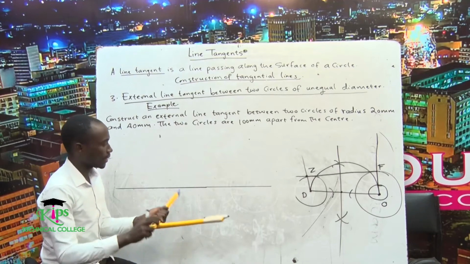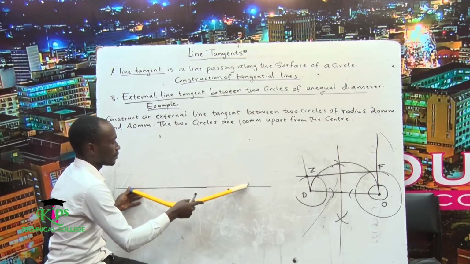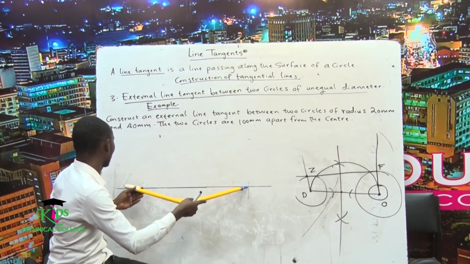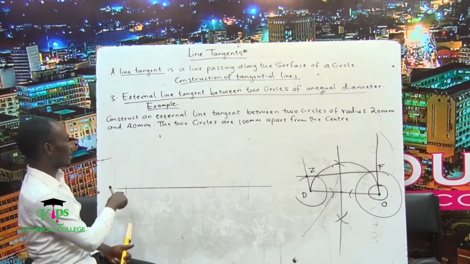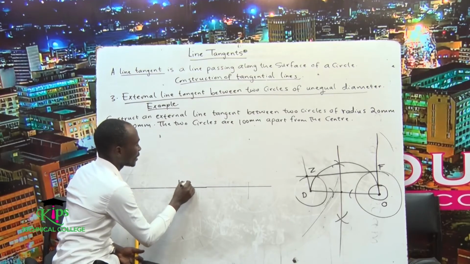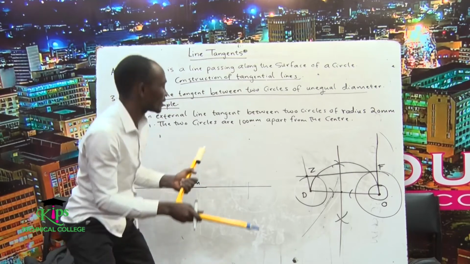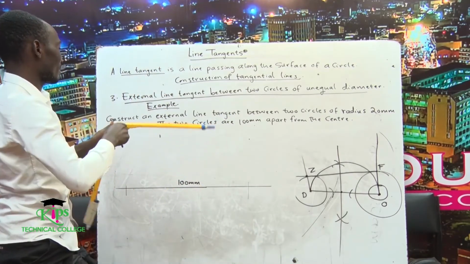So let me assume this is the distance between the two circles. This is 100 millimeters apart.